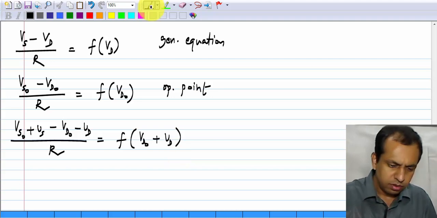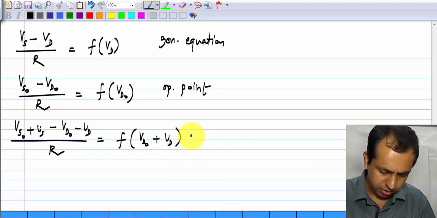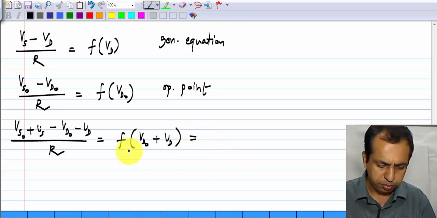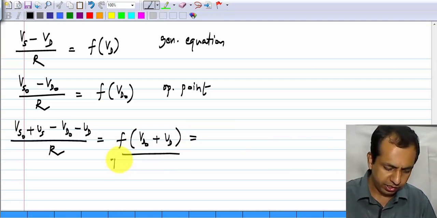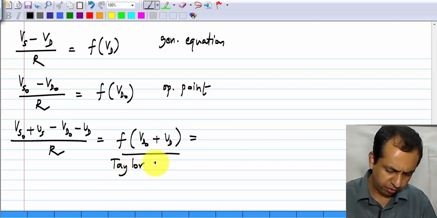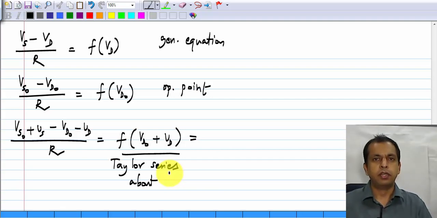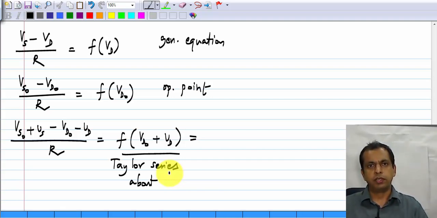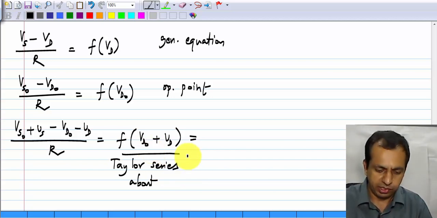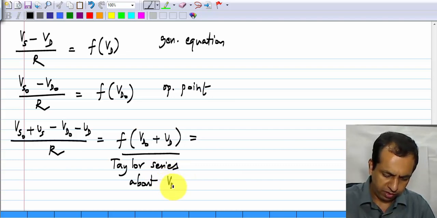Now what I do is expand this in a Taylor series about the operating point. This is the significance of the operating point. I choose some operating point which is the original case for which I calculate the nonlinear solution exactly, and about that operating point I expand the new case in a Taylor series.